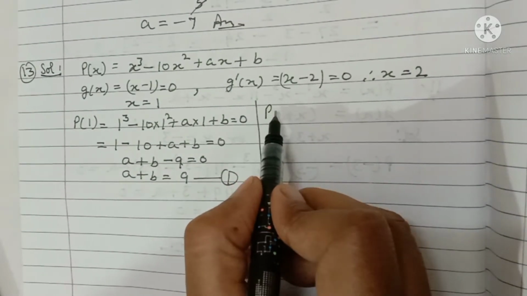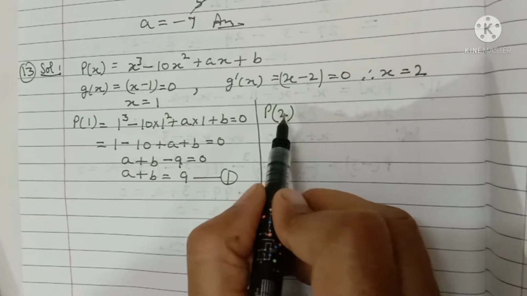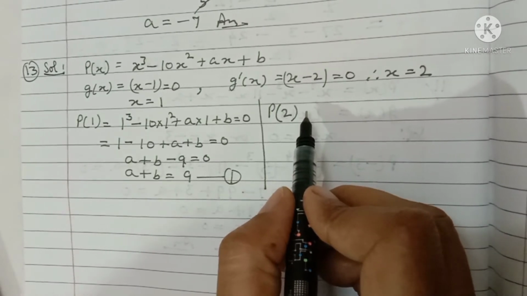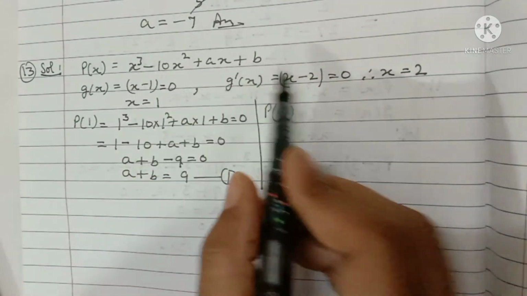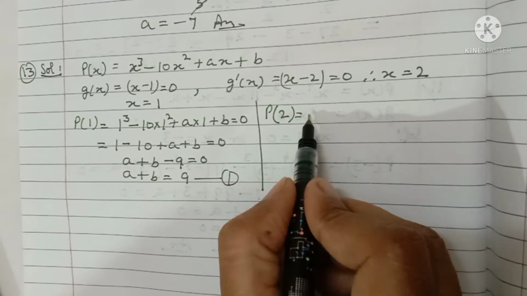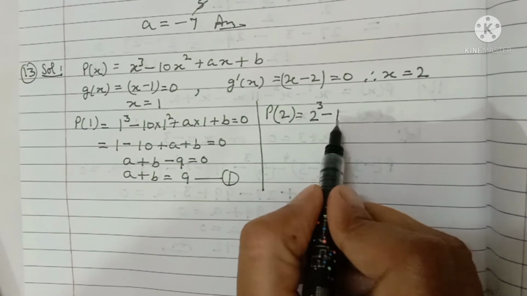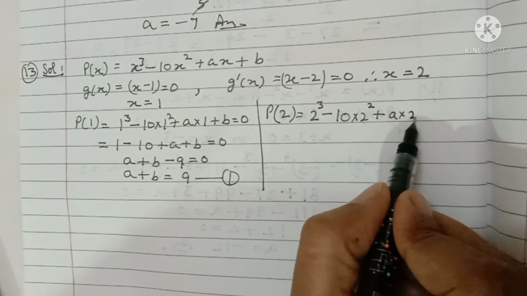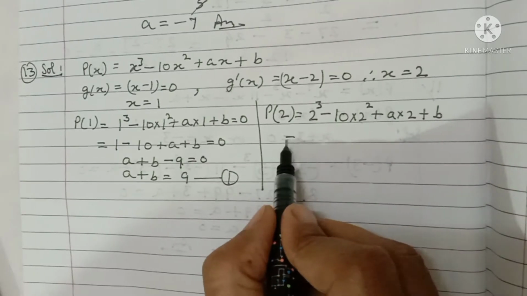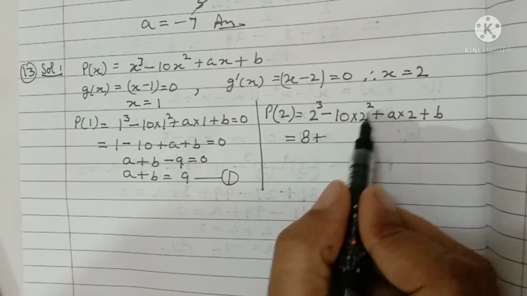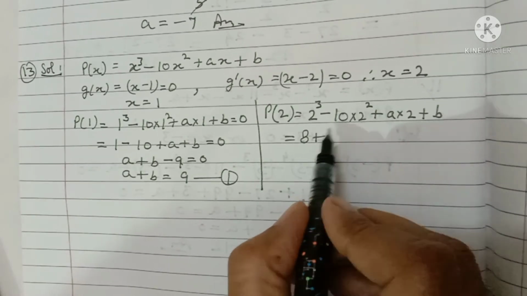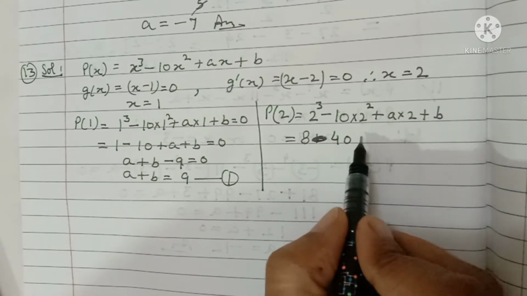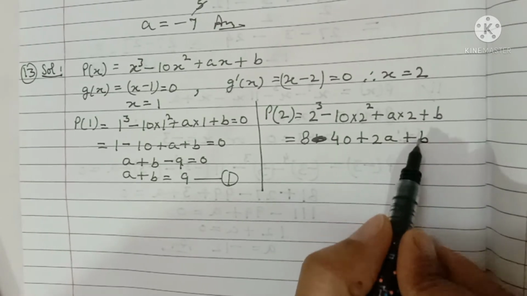Now we have to find the value at 2. p(2) is equal to 2 cube minus 10 into 2 square plus a into 2 plus b. 2 fours are 8, minus 10 fours are 40, plus 2a plus b.